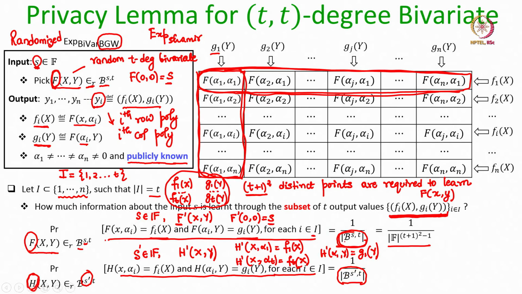Well, the polynomial in the experiment is randomly chosen. So, the probability that indeed during the run of the experiment the chosen polynomial was h prime is 1 over the sample space size, and the sample space size, namely the set of all t degree bivariate polynomials with s prime being the constant term, is the same as the set of all possible t degree bivariate polynomials with s being the constant term.